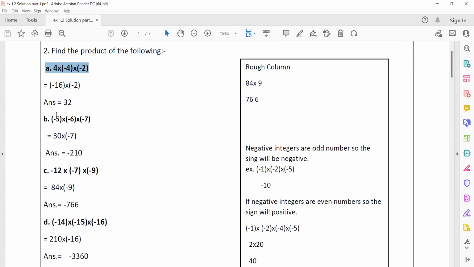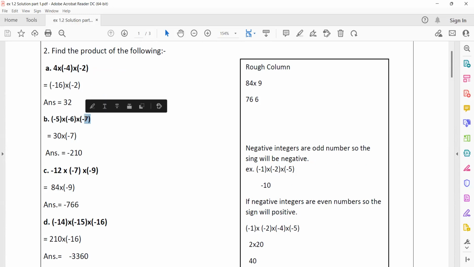Now you can see the next question, minus 5 into minus 6 into minus 7. Firstly I multiply minus 5 into minus 6. Both are negative numbers, so we multiply 5 into 6, which is 30, and as they have the same sign, it becomes positive 30.